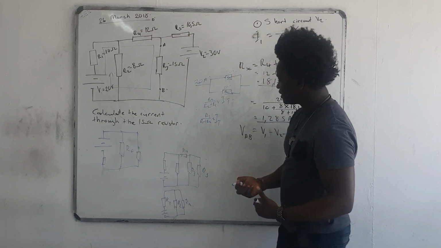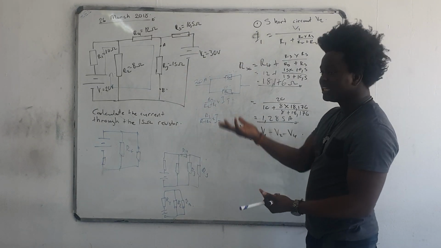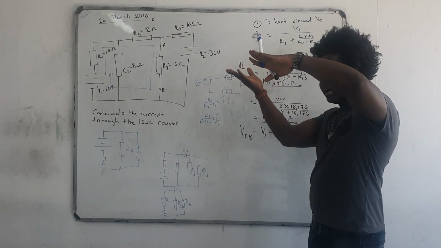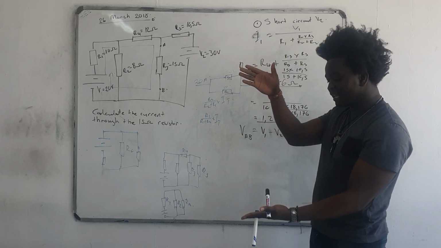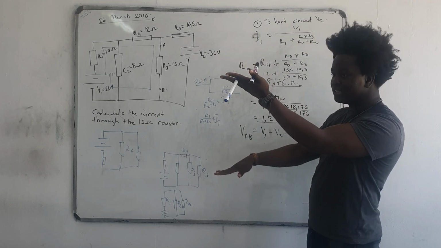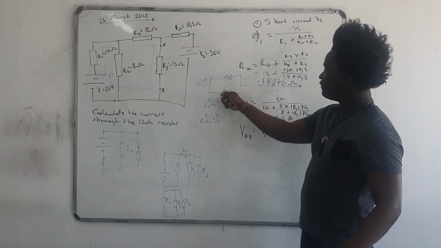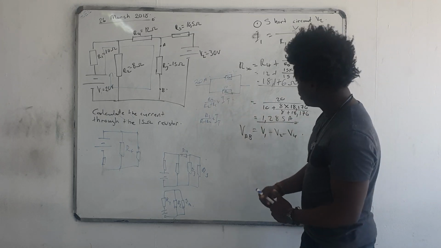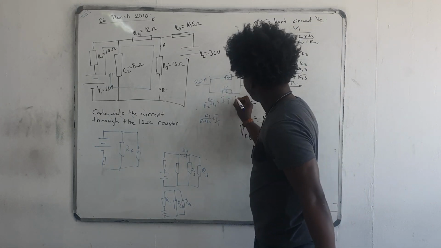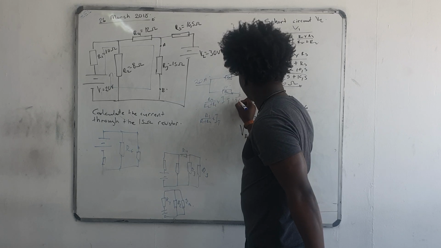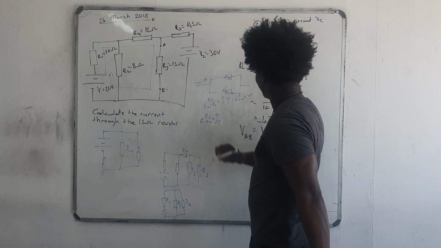This is because current is inversely proportional to resistance. If current increases, the resistance decreases, and if the resistance increases, the current decreases. That's why these two are vice versa. Let's play around with this example. 5 divided by 5 plus 10, multiplied by 20. What does that give you?